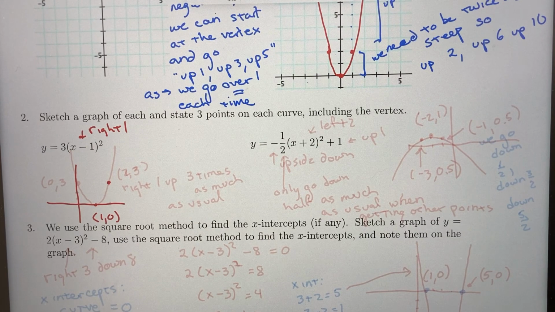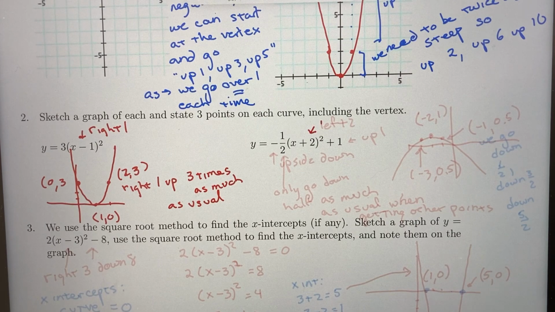So right 1 up 3. So now I'm up at 2 comma 3. If I go left 1 and up 3, I'm at 0 comma 3. So this curve is 3 times as tall as it ought to be. Notice that I'm squishing the y-axis in order to make it a little easier to fit on the page.